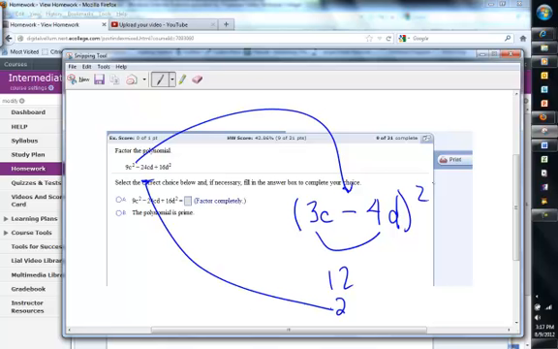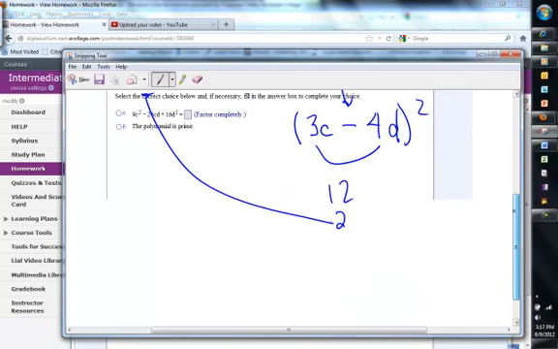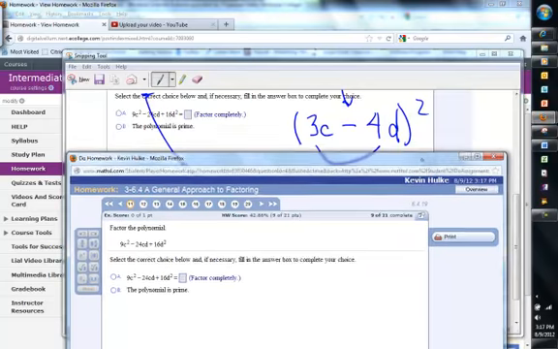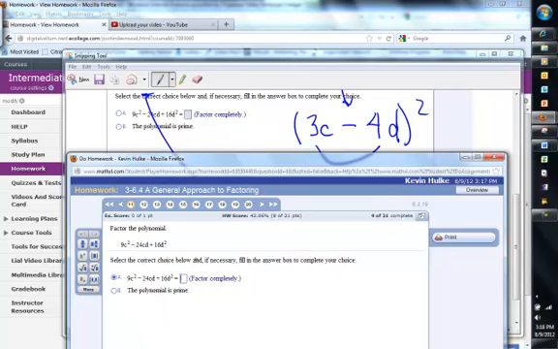So if you entered that on your calculator, you would get x equals 4/3. So we're ready to factor it. Factored form is parentheses 3c minus 4d close parentheses squared.